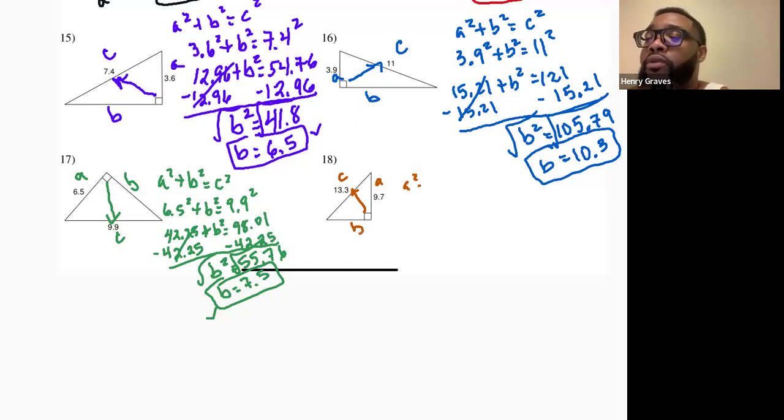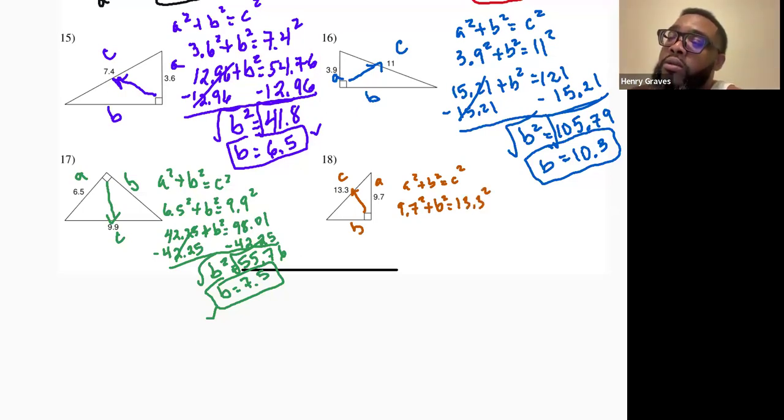So that's 9.7 squared plus B squared is equal to 13.3 squared. 9.7 squared is 94.09. 13.3 squared is 176.89. Then again, I'm going to subtract 94.09 on both sides.